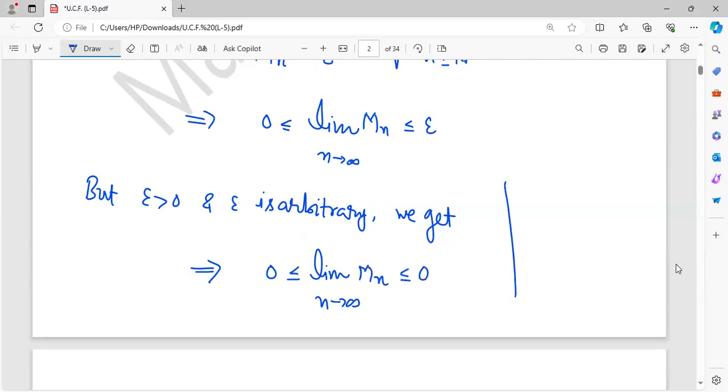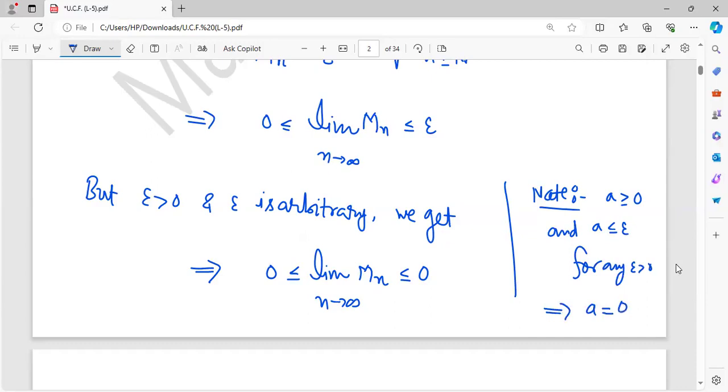Note that if a is greater than or equal to 0 and a is less than or equal to epsilon for any epsilon greater than 0, then a has to be 0. Same technique: the lower bound is 0 and the upper bound is also 0, so the limit has to be 0.